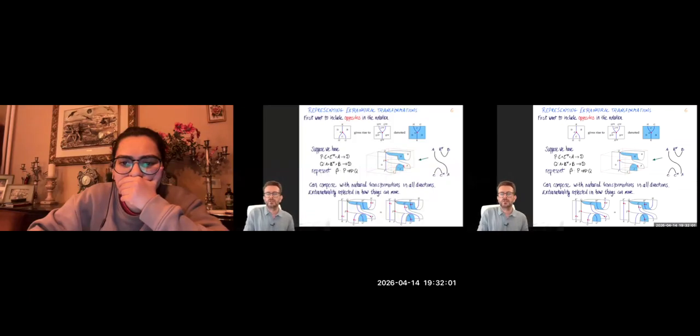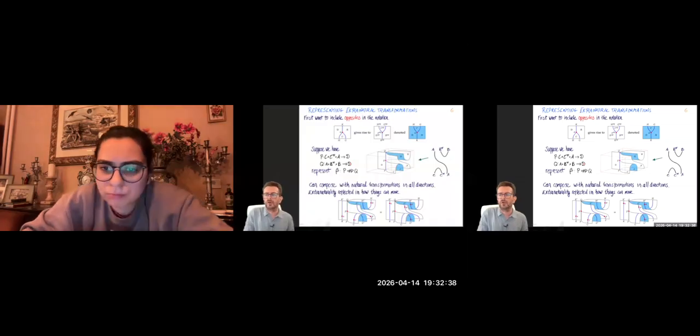C doesn't appear at the top, but it curls in on itself. So I'm going to represent such an extranatural transformation in this fashion. I've highlighted the edge of this face here, which tells us which of the parameters or variables in the functor have the extranaturality and which have the naturality.